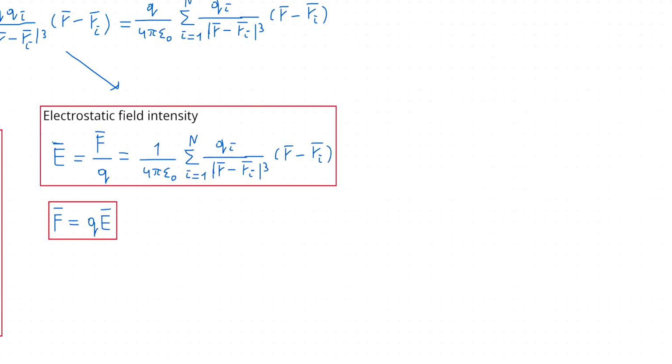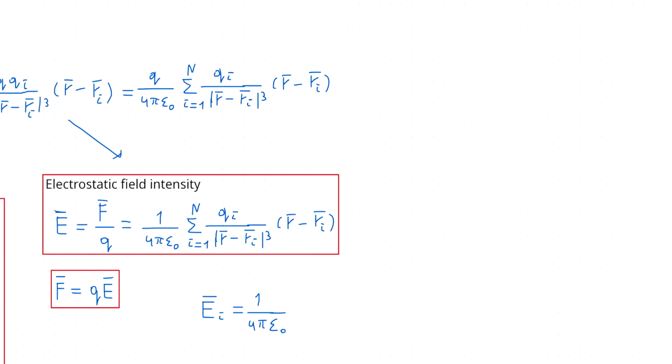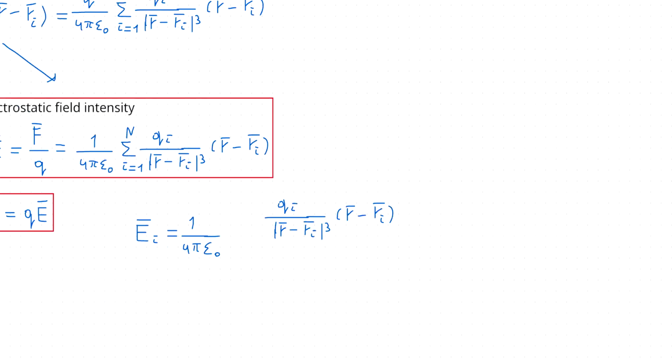But from this formula, we can see that if we have only one charge Qi, the electrostatic field intensity will be some Ei, and it is equal to 1 divided by 4 pi epsilon 0, multiplied by this.